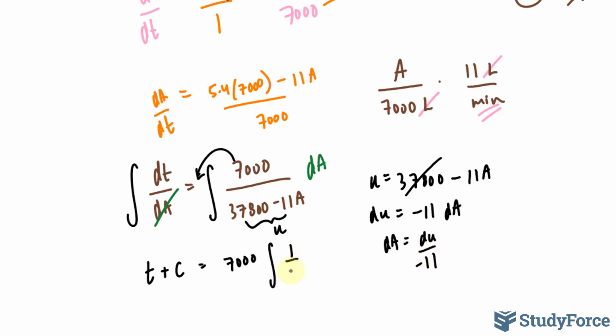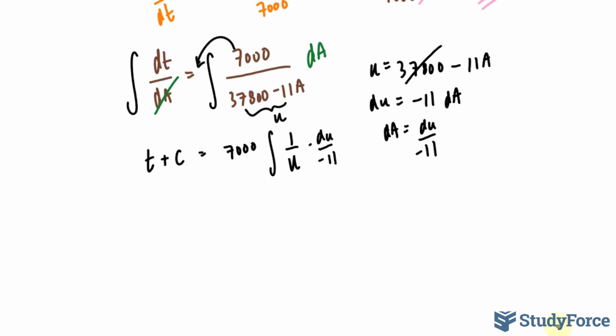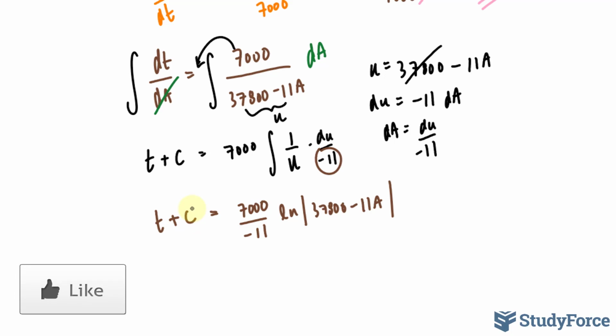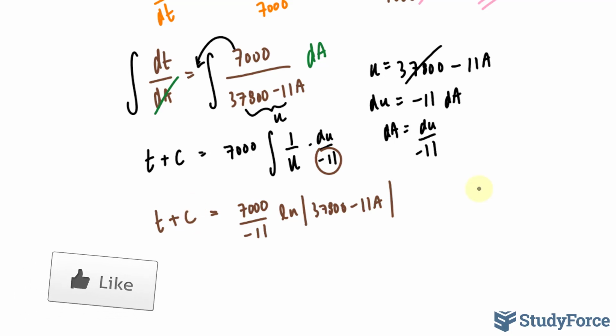So the integral of 1 over u times du over negative 11 is the following. This negative 11 goes out here, so we have 7,000 over negative 11 ln absolute value of what u is equal to, equals t plus c.